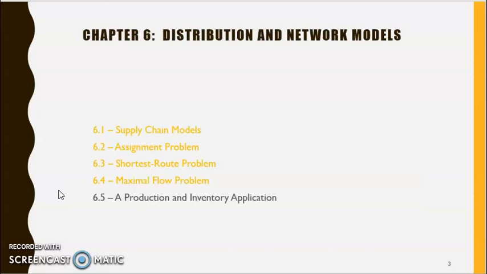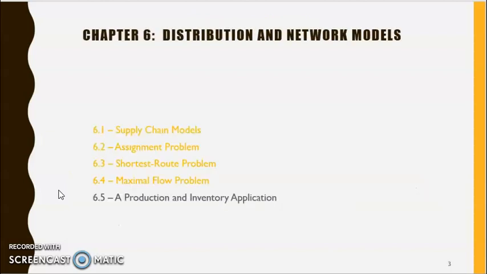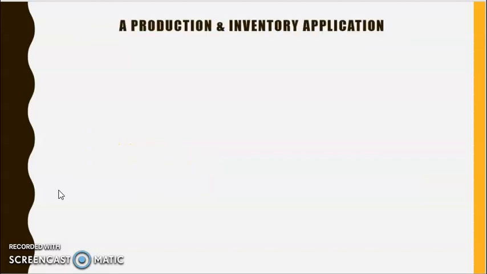All the problems that we have done so far had something to do with transportation movement, and this time we are going to do an inventory and production problem with network models. But before we start our case, let me give you some sort of introduction to production and inventory applications.